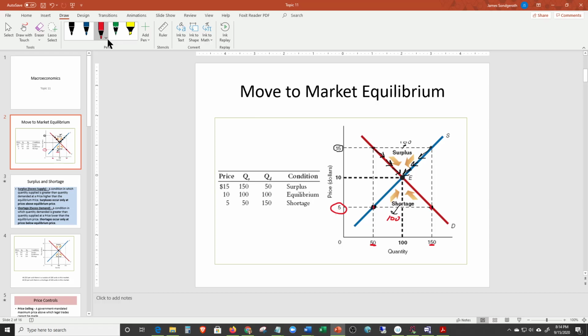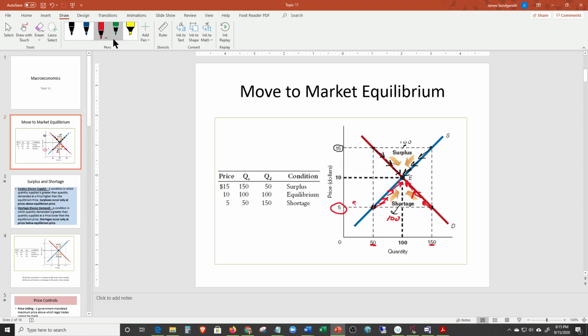And so what these people who didn't get the product they so desired will start bidding up the price, okay? And as the price is bid up, the buyers will be willing to buy a little less, and the sellers will be willing to produce a little bit more. And the bidding process will continue as long as the shortage persists, and gradually we will move back to equilibrium.